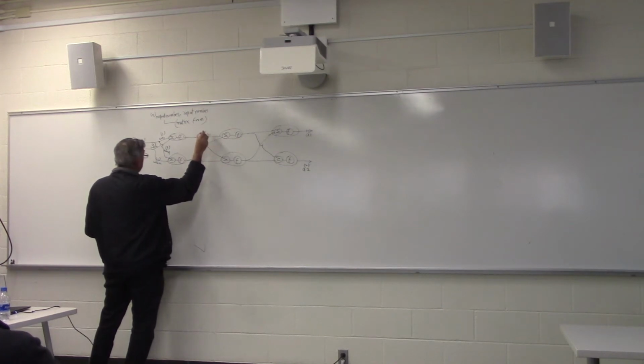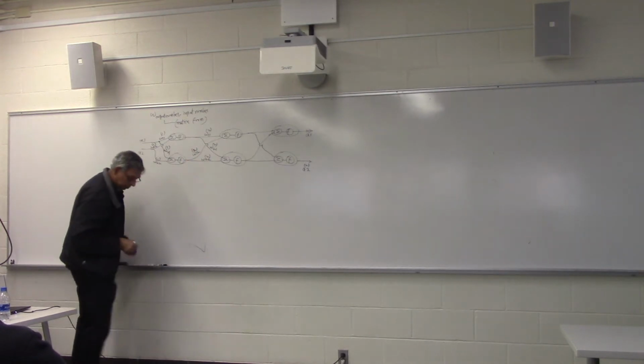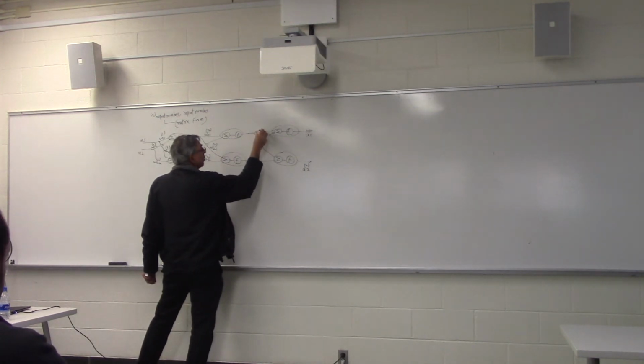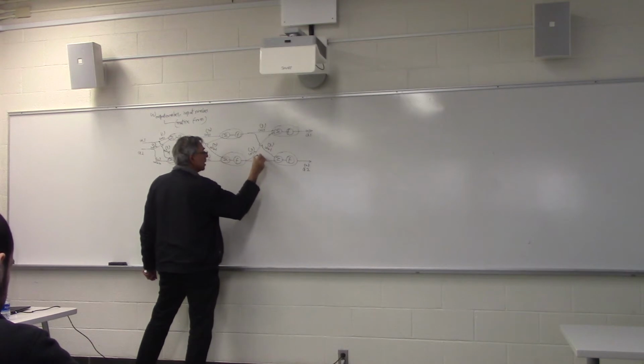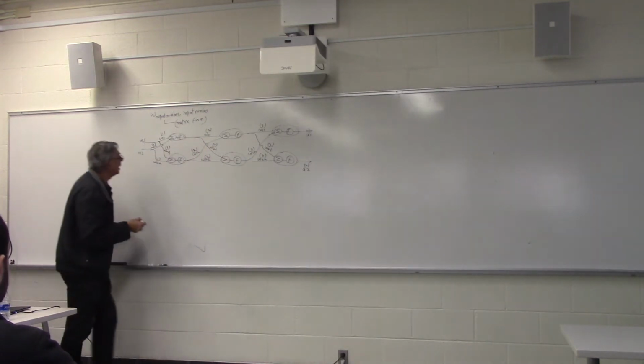This will be W11 of 2, W21 of 2, W12 of 2, and W22 of 2. And W11 of 3, W21 of 3, W12 of 3, W22 of 3, correct?